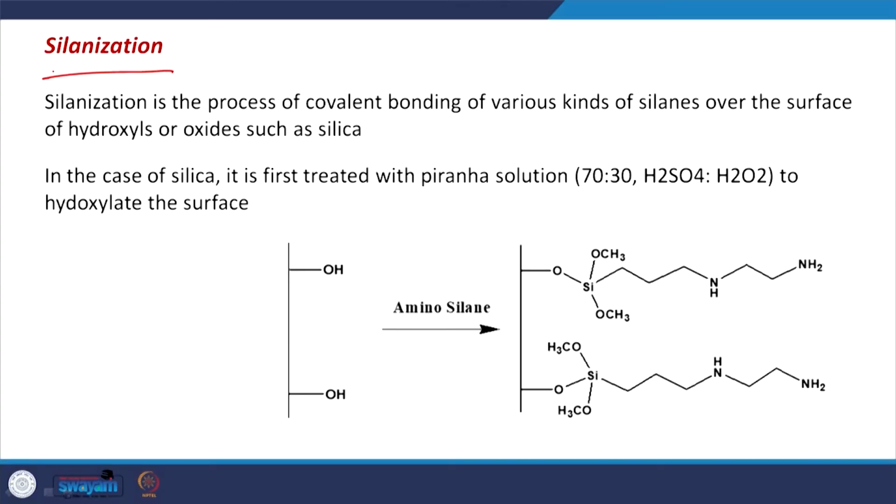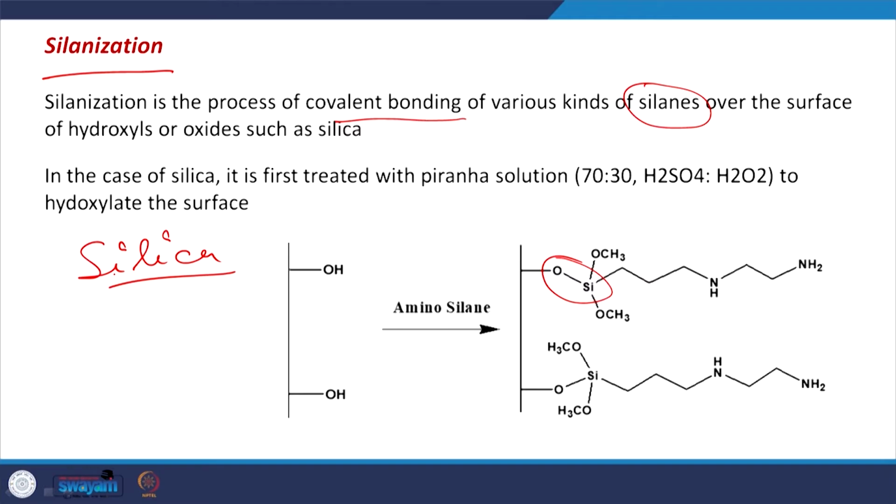Then there is silanization. This is the process of covalent bonding of various kinds of silanes. These are molecules which have siloxyl groups, which lead to attachment on some surfaces like silica, silica like glass, where it is very difficult to attach anything.